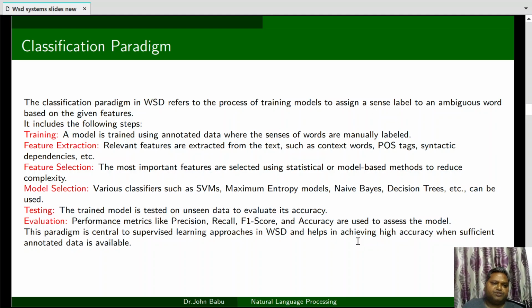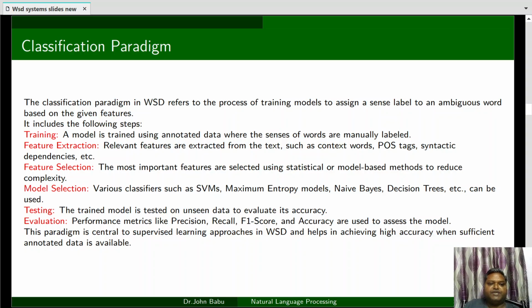Then we can see the classification paradigm in word sense disambiguation. The classification paradigm refers to the process of training models to assign a sense label. The steps are: first, training. A model is trained with annotated data where the senses are manually labeled.